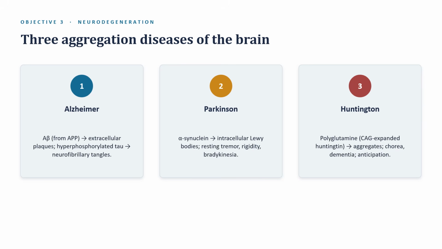And because the repeat can lengthen between generations, we see the phenomenon known as anticipation. Different proteins, different clinical pictures, but the same underlying event. A normal protein aggregating where it shouldn't.